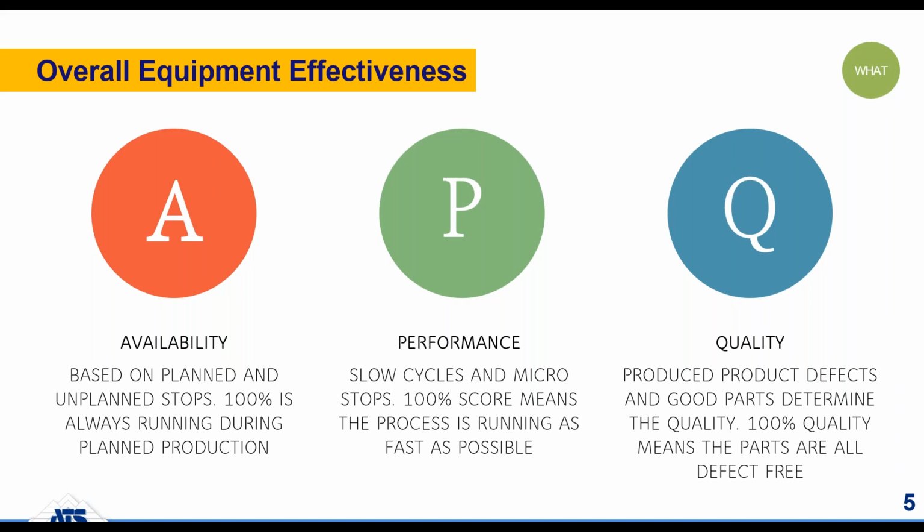And performance: there are slow cycles and micro stops. A 100% score means the process is running as fast as possible, which everyone wants, but there are some considerations. And quality: produced product defects and good parts determine the quality. If the part is produced at 100%, definitely it's a defect-free production, right?